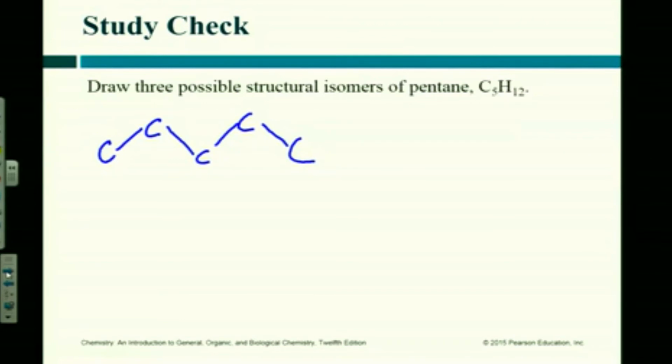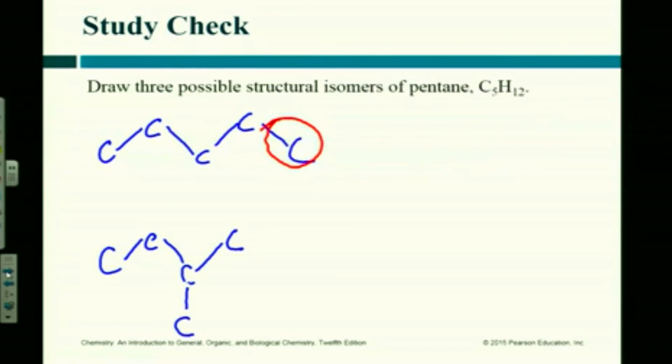Watch this. What if I take this carbon right here and I move it, and I do it like that? Everybody okay with that one?